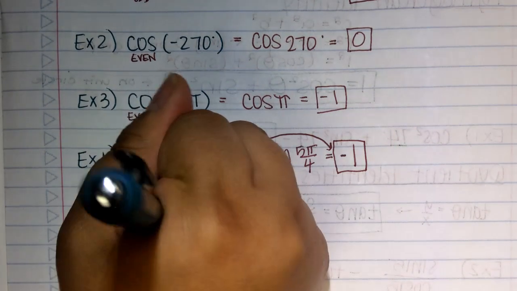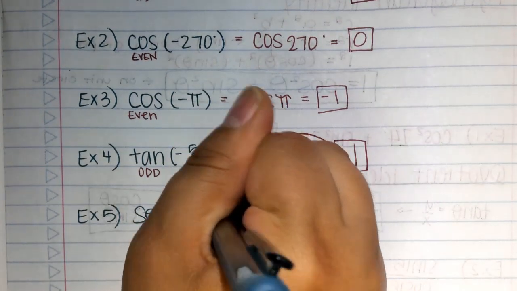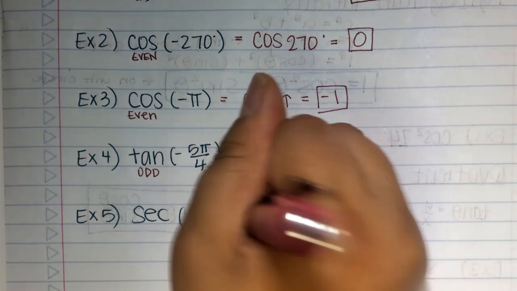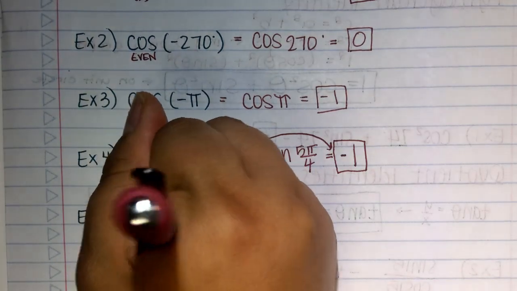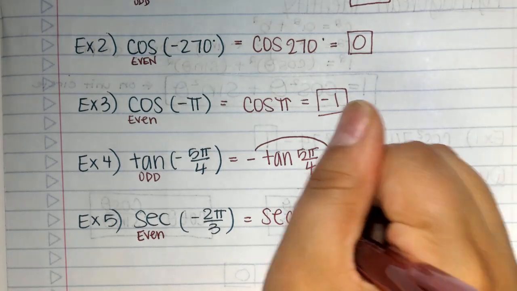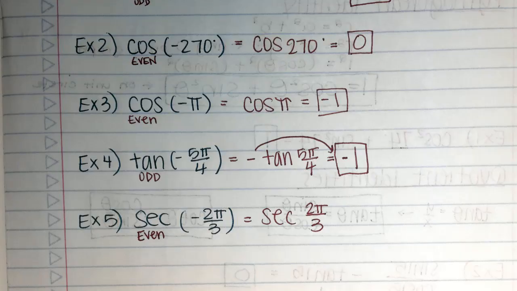All right, last one is the secant of negative 2 pi over 3. What is the secant of negative 2 pi over 3? Even or odd? Even. So because it's even, what happens? The negative goes away, so it's just going to be the secant of 2 pi over 3.